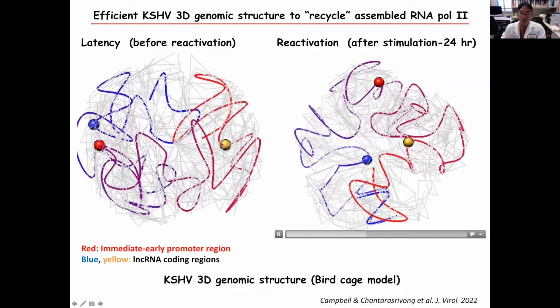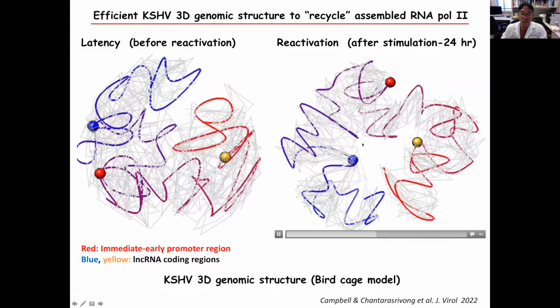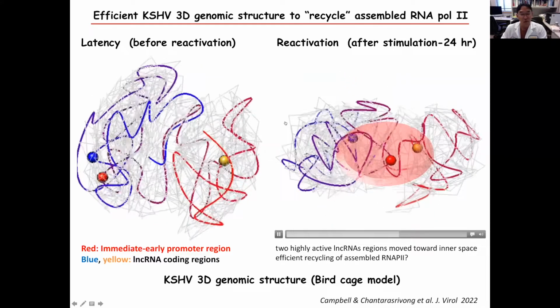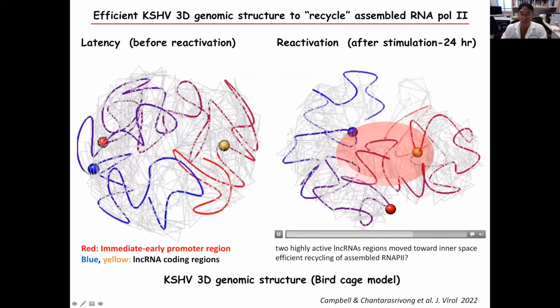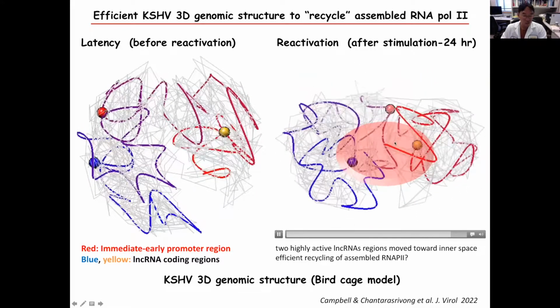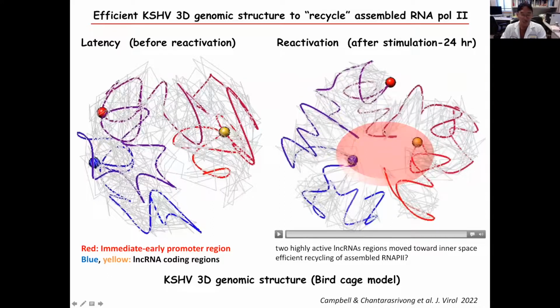We also see that this non-coding RNA, which is expressed about 1,000-fold more, moves towards the inner part of this donut, showing that RNA polymerase II may be recycled and utilized for KSHV gene expression. So we call the KSHV genome structure the bird cage model, and we recently published it in the Journal of Biology.